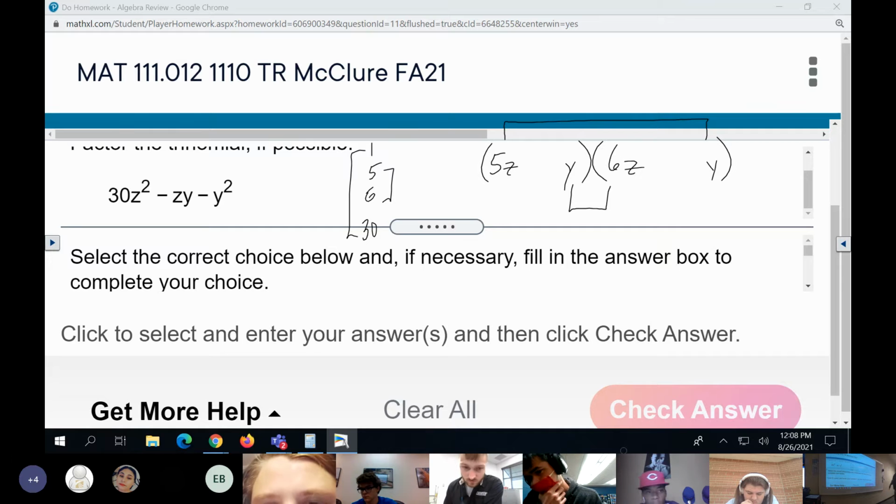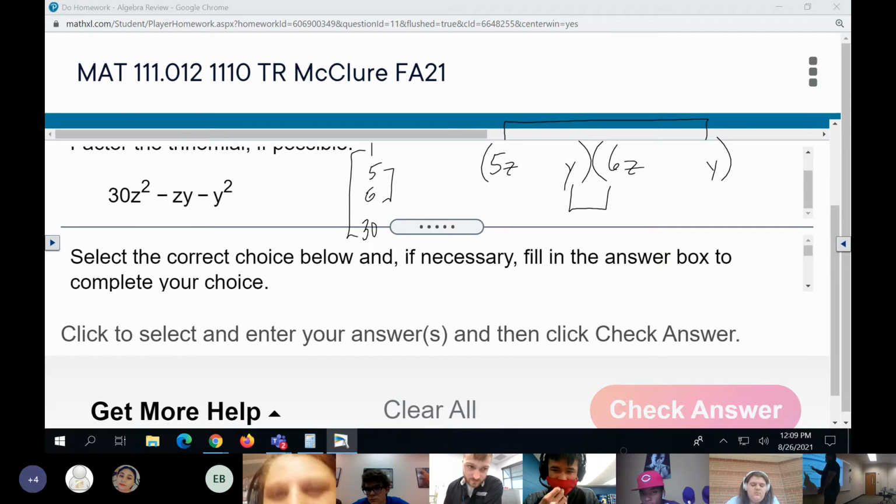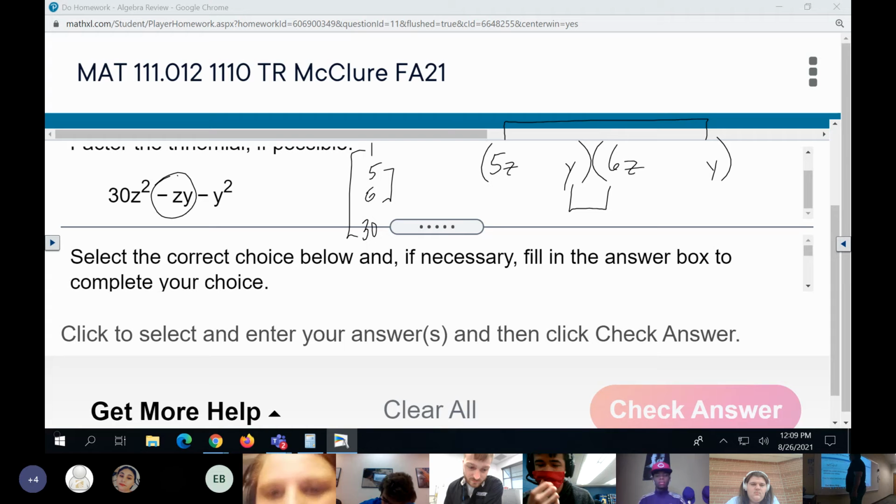Can 5Z and 6Z give us a negative 1Z? Yes or no? Yes, 5 and 6 can give you a negative 1.